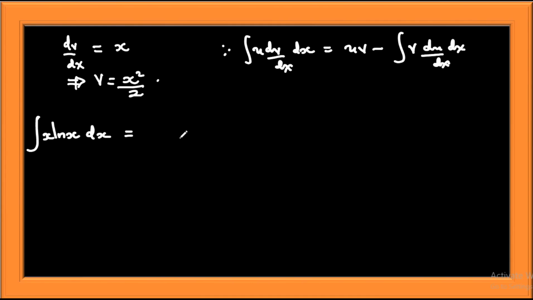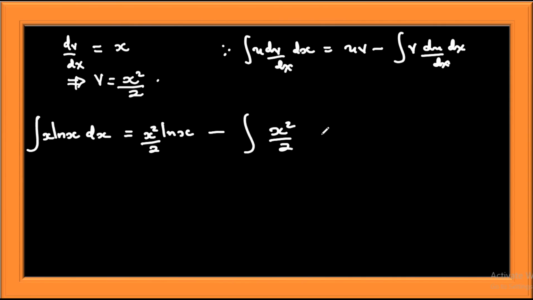This becomes uv, but our u clearly, we already said it is ln x. We got v as x squared out of 2. I prefer writing it in that position, minus the integral of v, but our v is x squared divided by 2, and then du/dx.